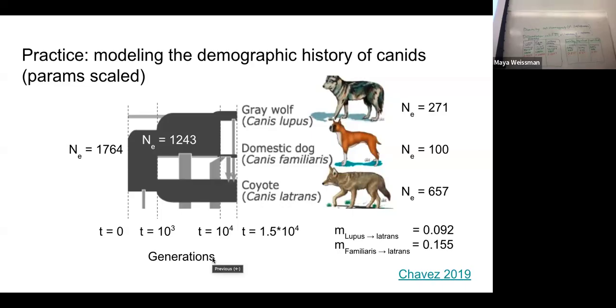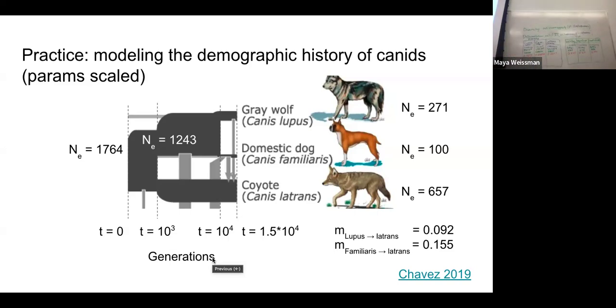Here's a trick question. Who is more closely related, coyotes and dogs or coyotes and gray wolves, just looking at the phylogenetic tree up there? Yes, that's the correct answer: you can't tell, they're both equally related. This is not a phylogenetics class, but I'm going to get you anyway.